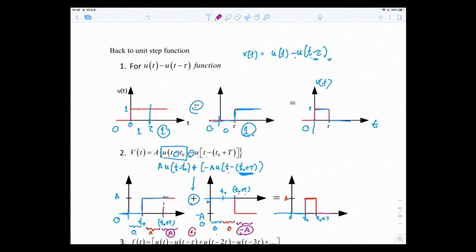So this is what your function looks like. Your voltage turns on at t0 to value A, stays there at value A until t0 plus T, and then afterwards turns off again. So this is how you represent the switching of your circuit.